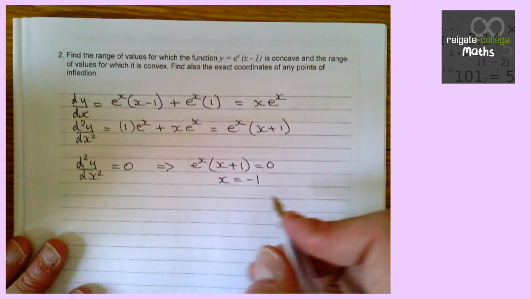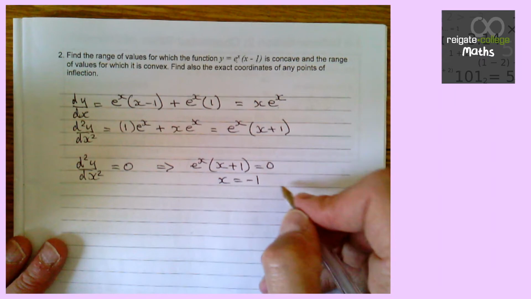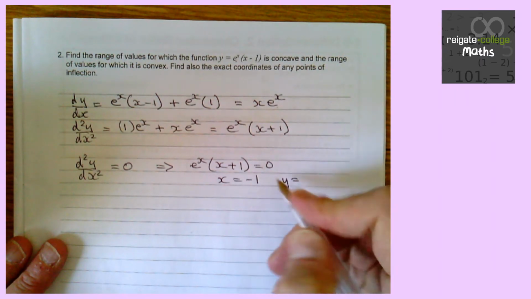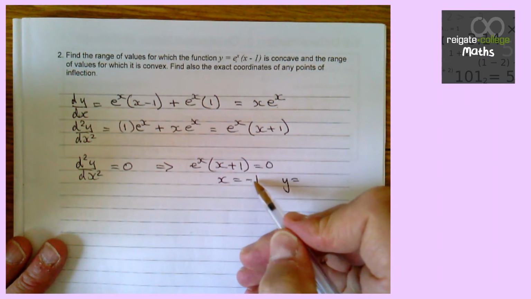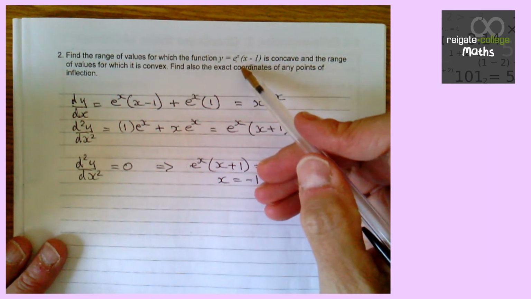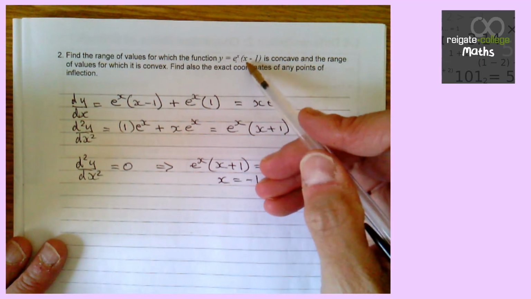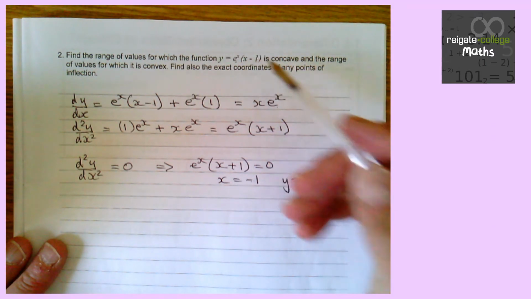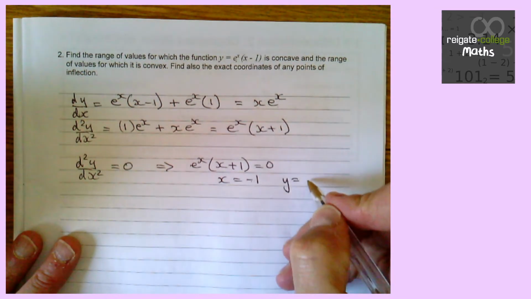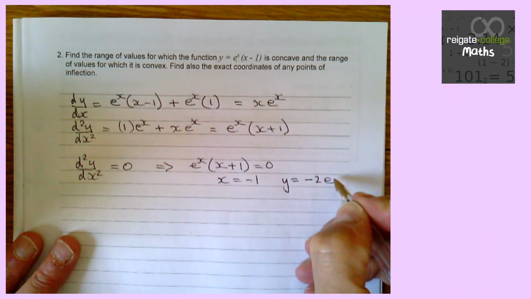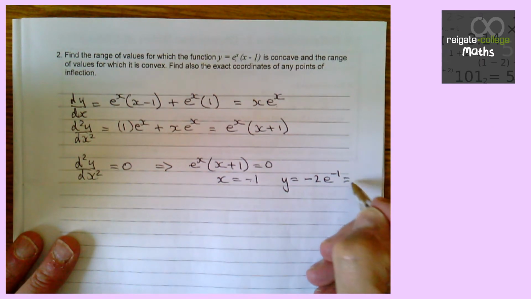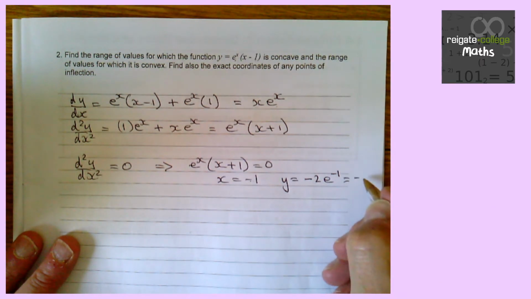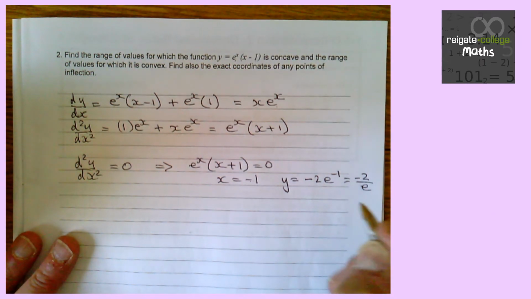Let's also find the y coordinate here. So y is equal to, let's put minus 1 into here, so we get e to the minus 1 times minus 1 minus 1, which is minus 2 e to the minus 1, or minus 2 over e.